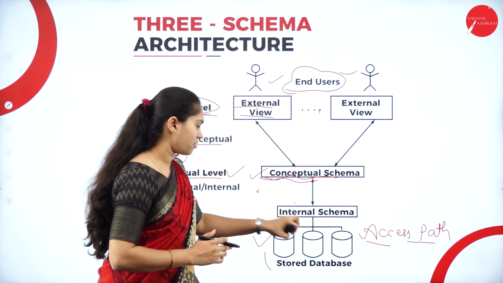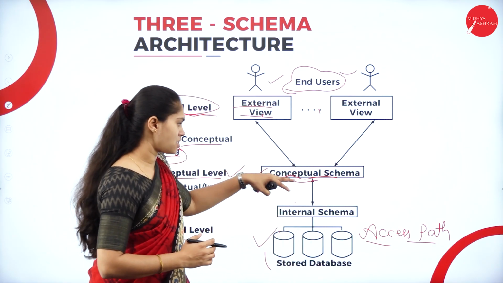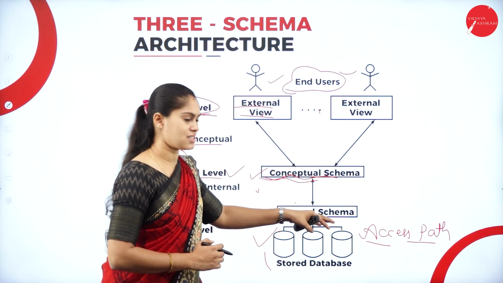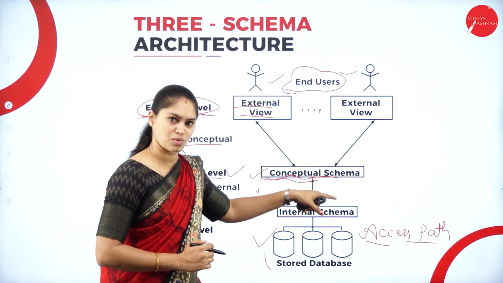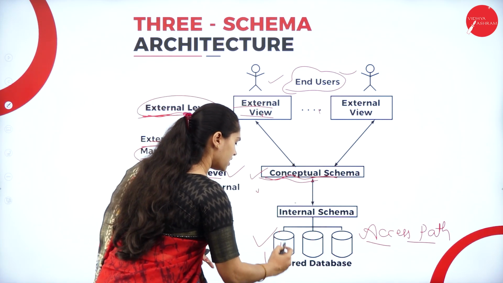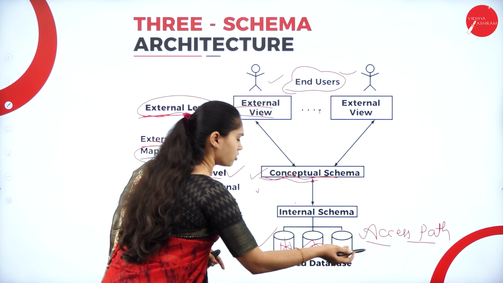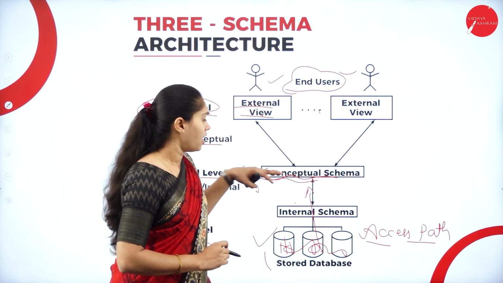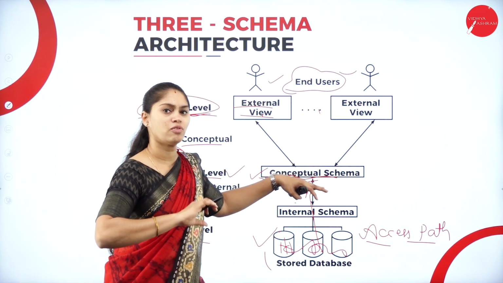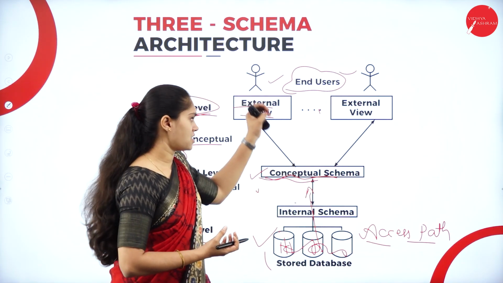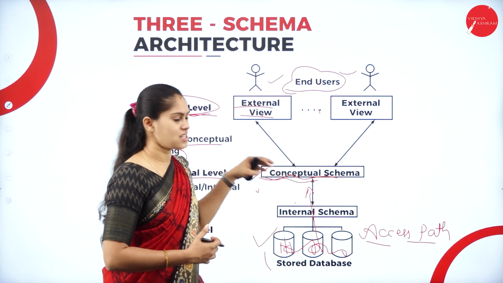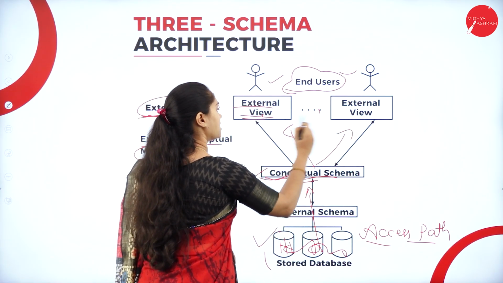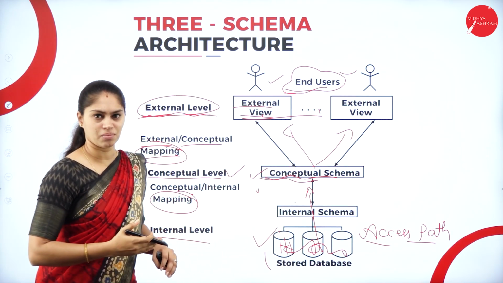Whatever data and information I require as per the request of the end user reaches the internal level schema with the help of the conceptual schema. After that, the database processes all those things. Then it sends the data back to the conceptual schema. Again the conceptual schema understands that this is their request or query. Then it sends this as a response back to the external view or end user.